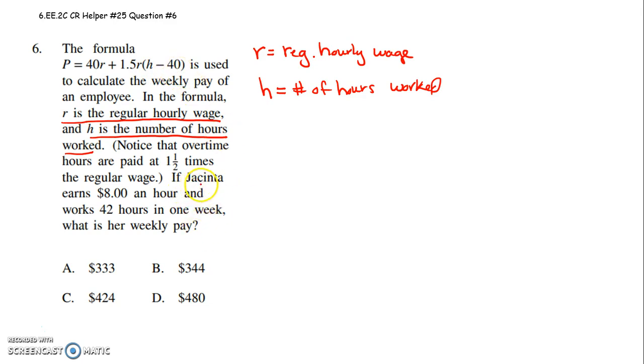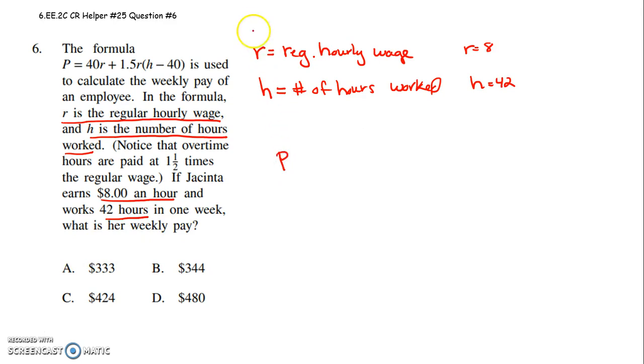If Jacinta earns $8 an hour, that's her regular wage, so R is 8, and works 42 hours in 1 week, so the H is 42. What is her weekly pay?